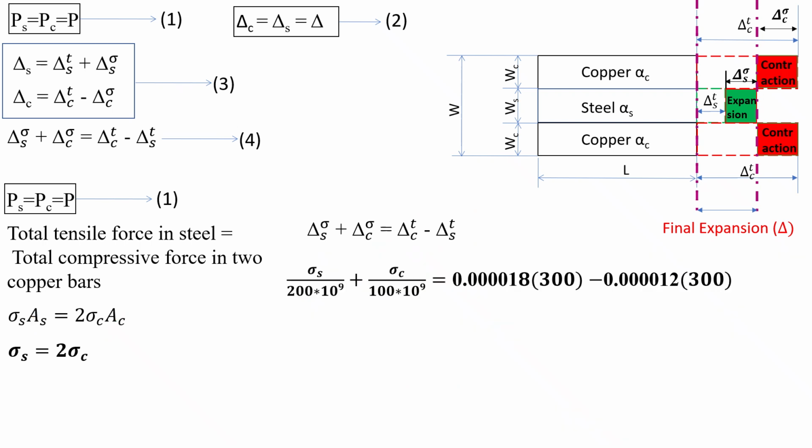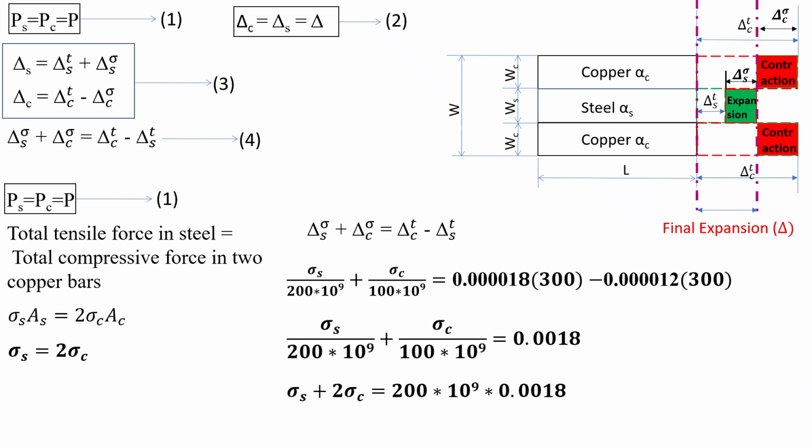Then this equation becomes sigma s divided by 200 into 10 to the power 9 plus sigma c divided by 100 into 10 to the power 9 equal to 0.0018. Here take the LCM, 200 into 10 to the power 9. Then sigma s plus 2 sigma c equal to 200 into 10 to the power 9 into 0.0018.